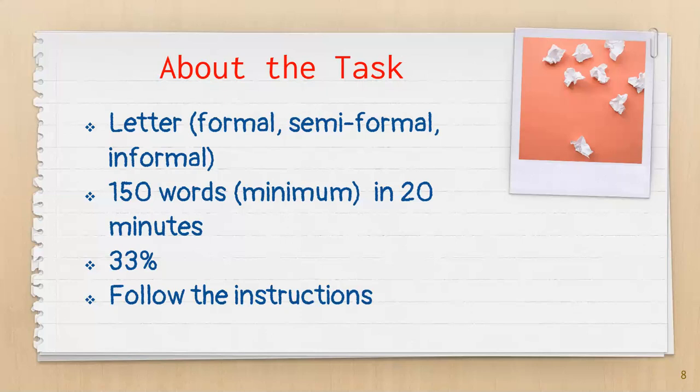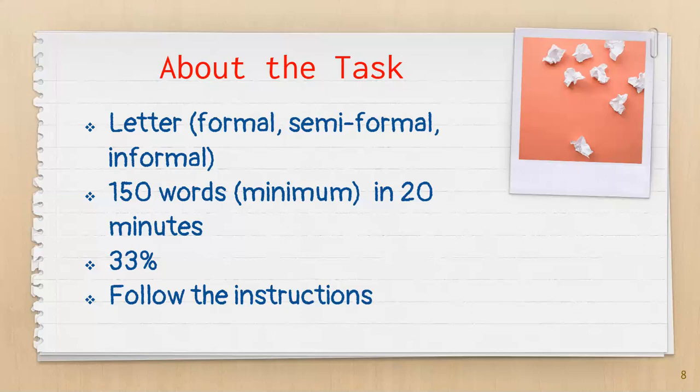Then you have the ones you have some personal relationship with, and these are, for example, your parents, your uncles, aunties. These people are older than us, and we have some form of personal relationship with them. So these are the two types of semi-formal letters: ones you have a working relationship with, and ones you have a personal relationship with.